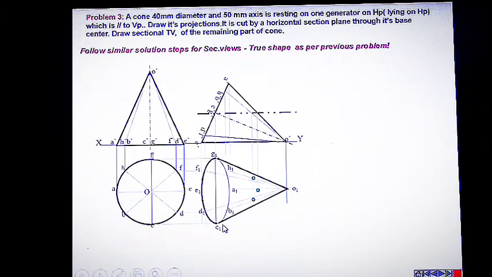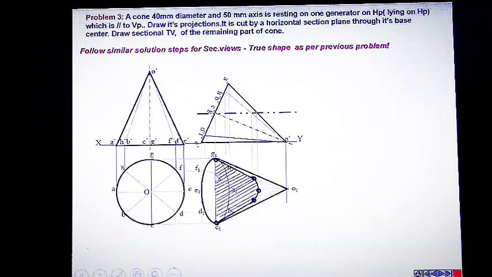By directly drawing the vertical projectors, we will get the intersecting points and join all these points by using a smooth curve, because the intersecting surface is a curved surface, because the solid is a cone in this case. So the points are connected by using a smooth curve and we will get the section surface like this.